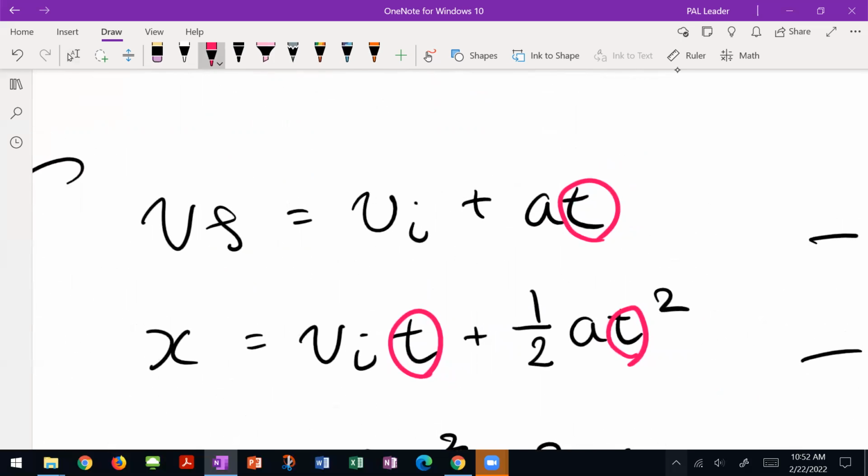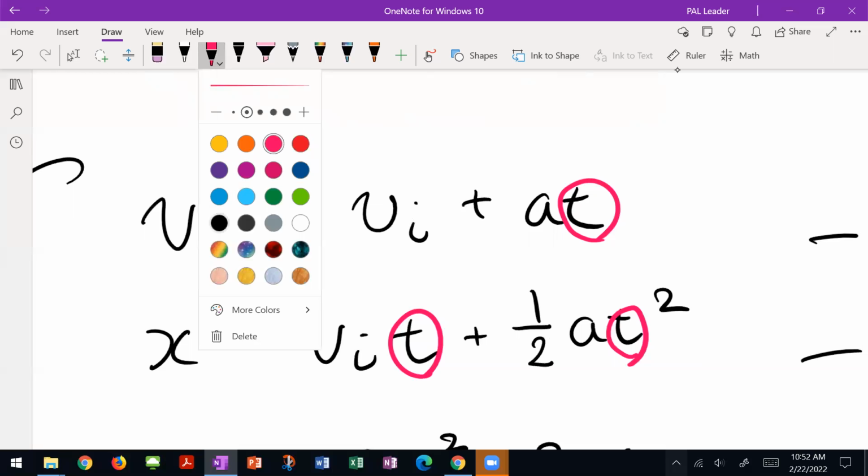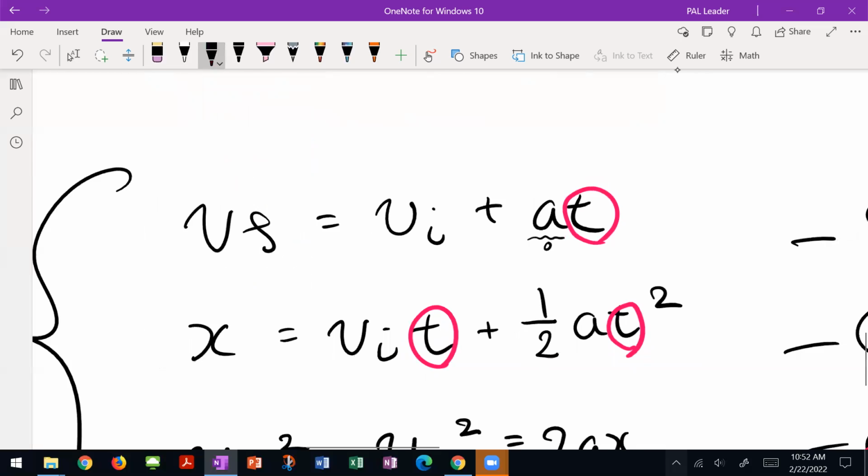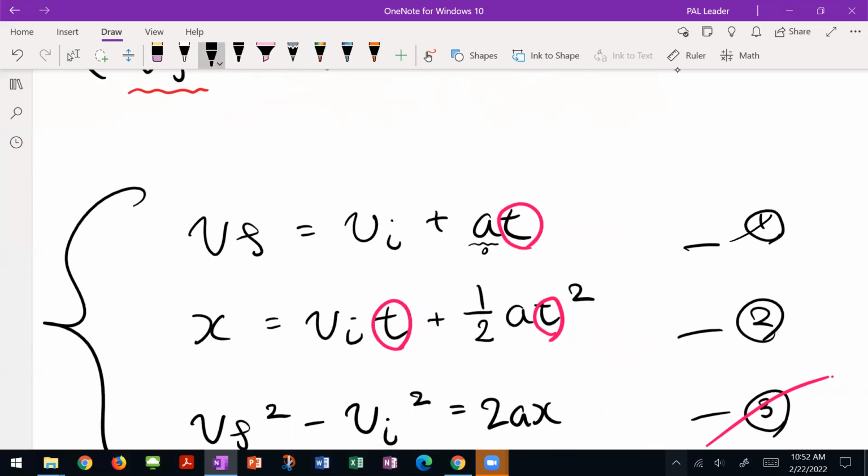We do know V final, it's the same as V initial. Are we accelerating? No, we're not accelerating. We had no change in velocity at all. If we're trying to find t, but it's multiplied by 0, we're not going to be able to find t, right? So I don't think we can use number 1 either.